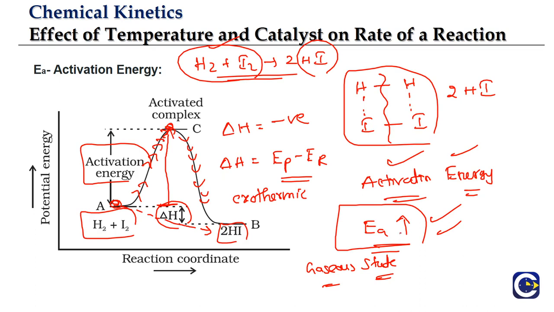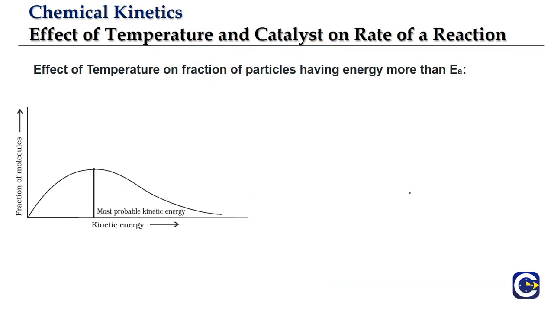If you look at the typical profile of the fraction of particles having energy more than the activation energy, this is an energy diagram. If you look at the kinetic energy of particles and the fraction of molecules that have a particular energy, the peak value here, the energy possessed by the maximum fraction of particles, is what we call the most probable kinetic energy.